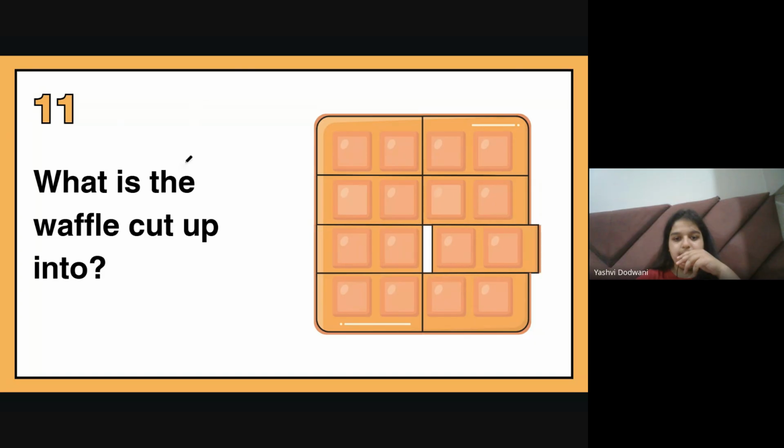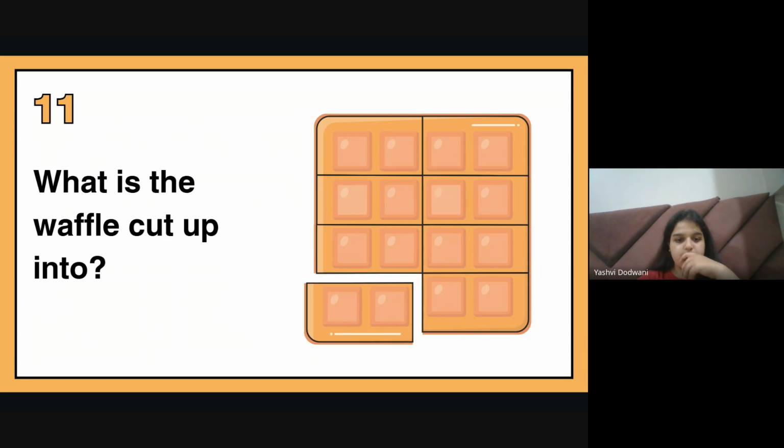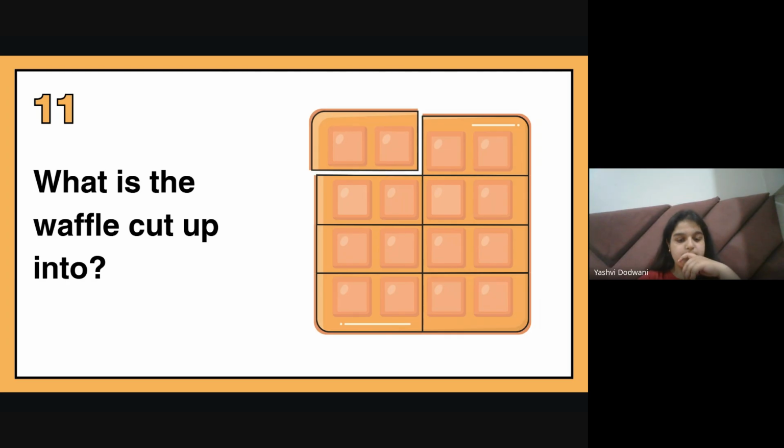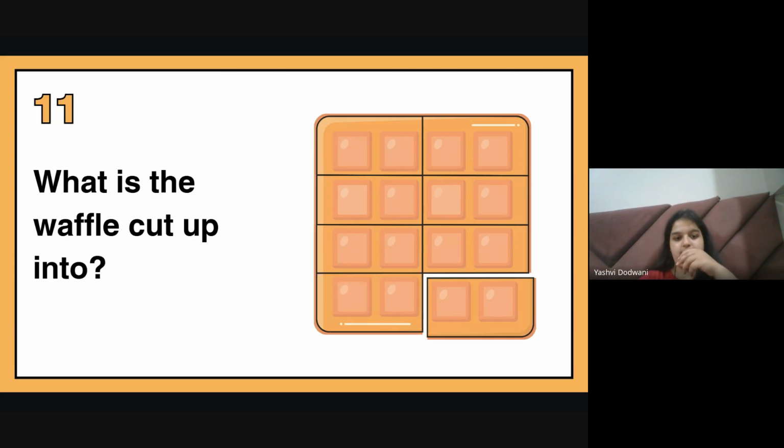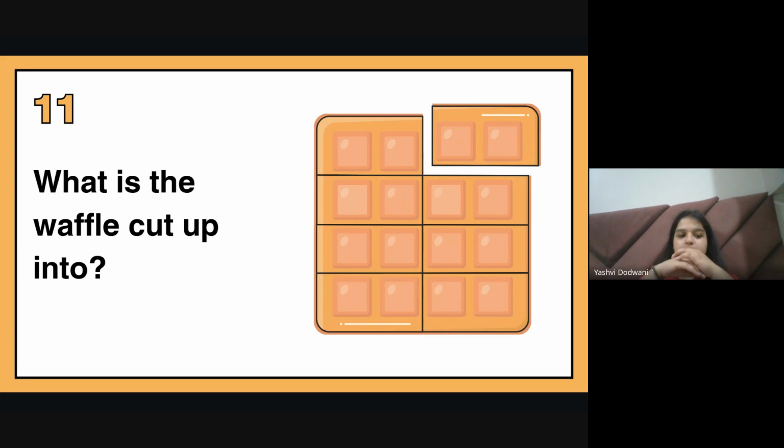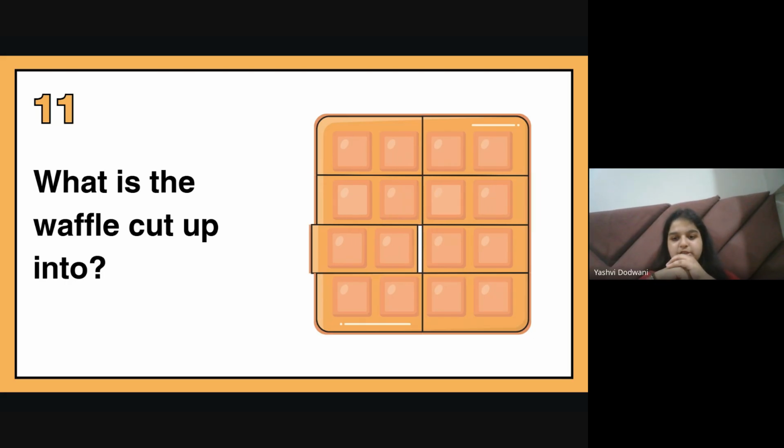Now waffle. May I also know the fraction? If 3 parts of this waffle are eaten, what would be the remaining fraction?